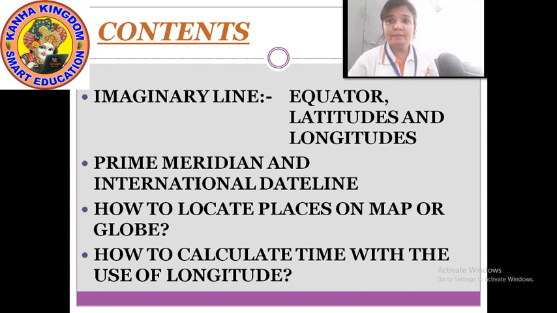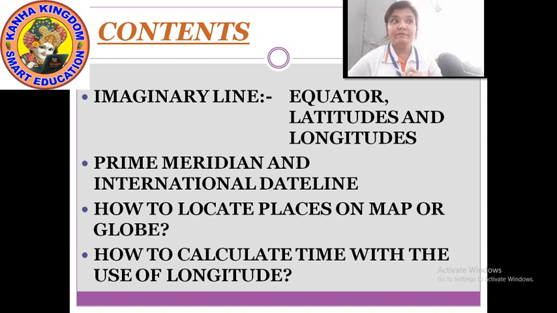Now, what would we learn in this chapter? In this chapter, we would learn imaginary lines that are on the globe. What are they called? They are called equator, latitude, and longitudes.